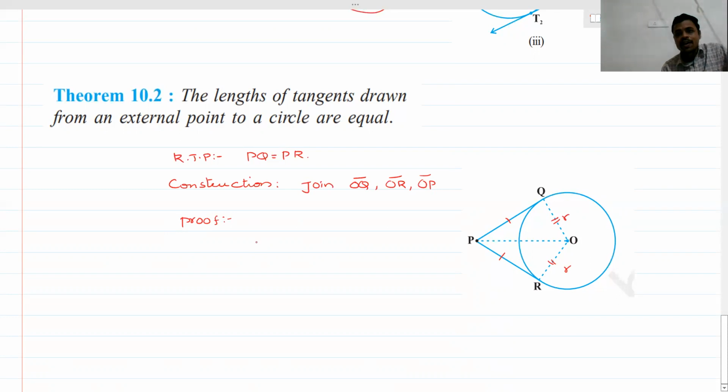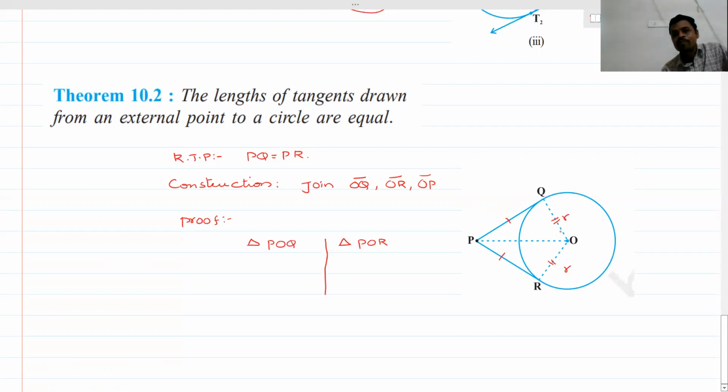Now consider triangle POQ and triangle POR. If we show that these two triangles are congruent, then by property the corresponding sides and angles are also equal. But first we prove whether these two triangles are congruent or not.